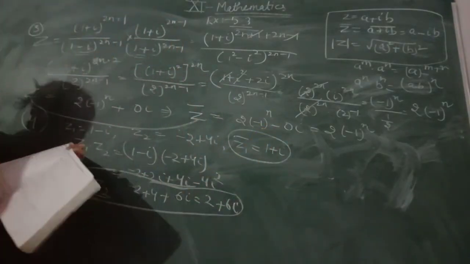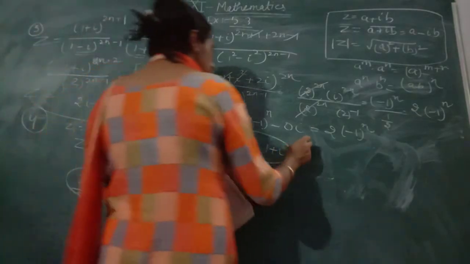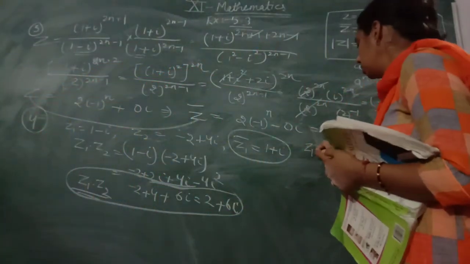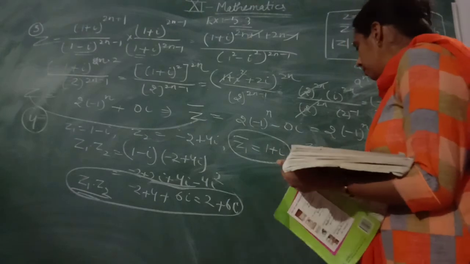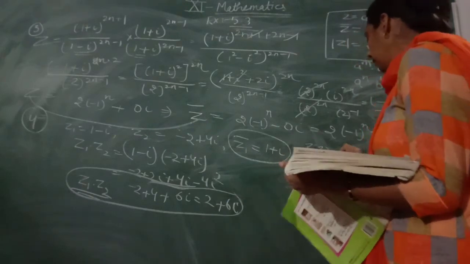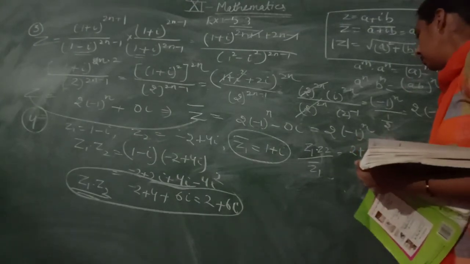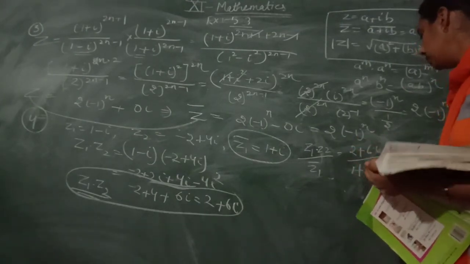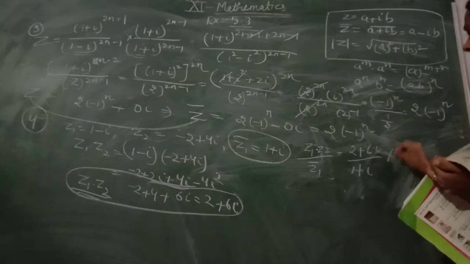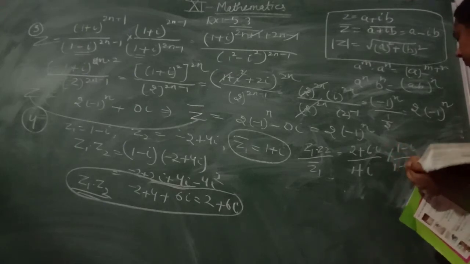Firstly, what is the part? You have to find Z1 into Z2 by Z1 conjugate. What is Z1 into Z2? That is 2 + 6i. And what is the Z1 conjugate? That is 1 + i. Firstly, simplify it, so rationalize it.